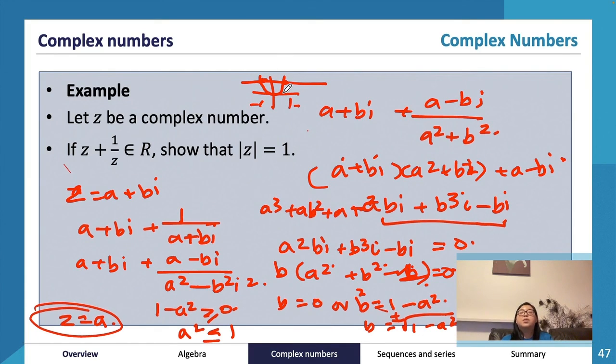So let's say it's positive 1/2. Let's say a is equal to 1/2 instead.